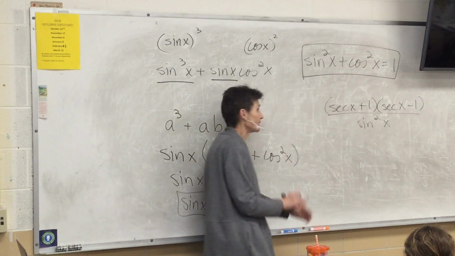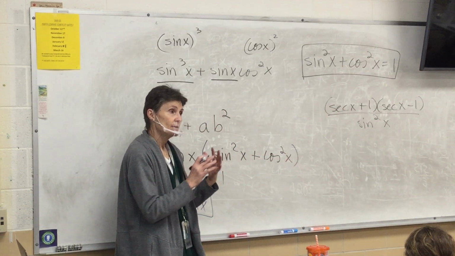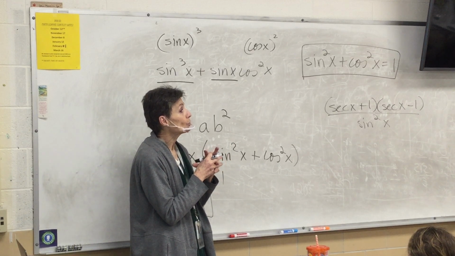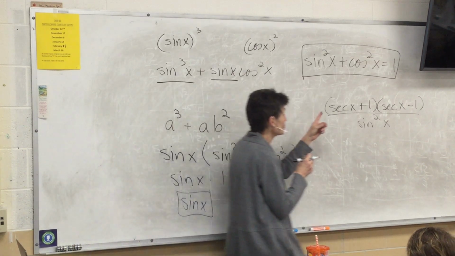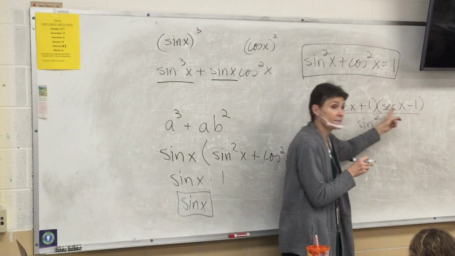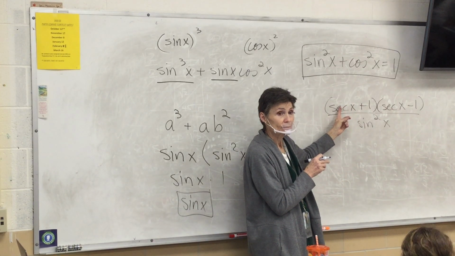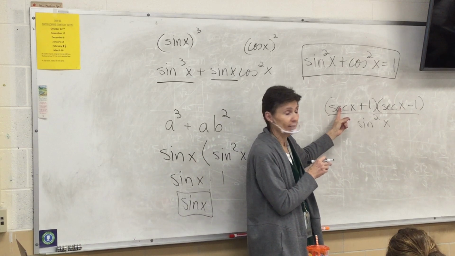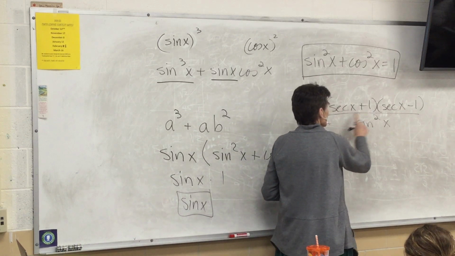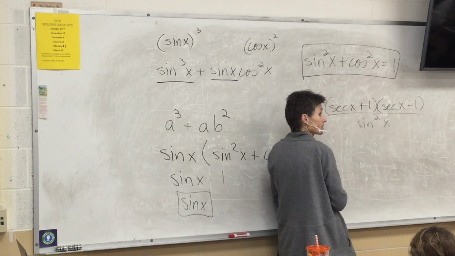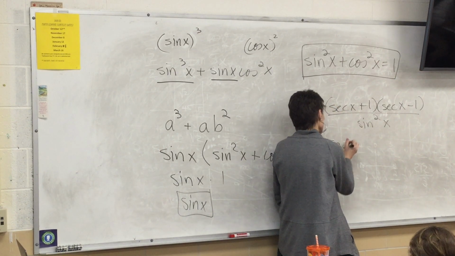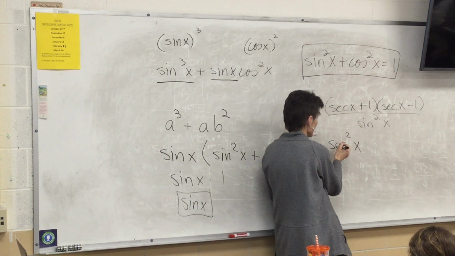It's not like all one big thing. Could we multiply these two together? Doesn't this look like a foiling problem? We're going to FOIL it. So what is secant times secant? Secant squared. And remember, we write the squared like that.